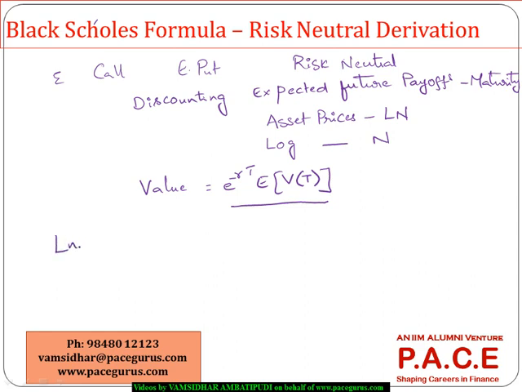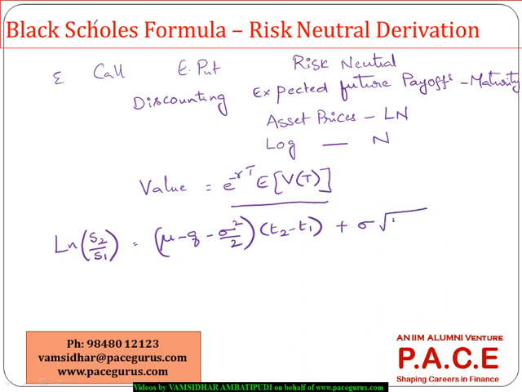We have established the equation saying log of S2 by S1, which is the logarithm of the returns, can be modeled in the form of (mu minus q minus sigma squared by 2) times t, which is the difference in the time periods between S2 and S1, plus sigma times the square root of (T2 minus T1) times a standard normal variable Z.